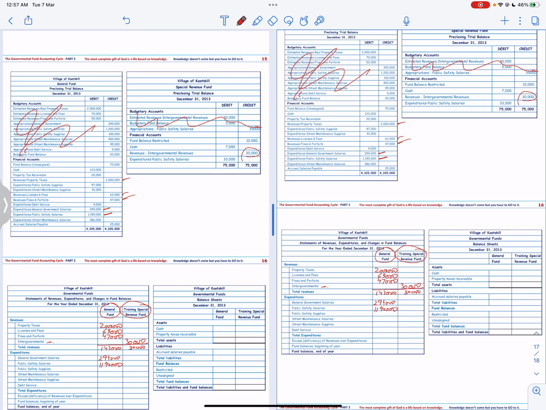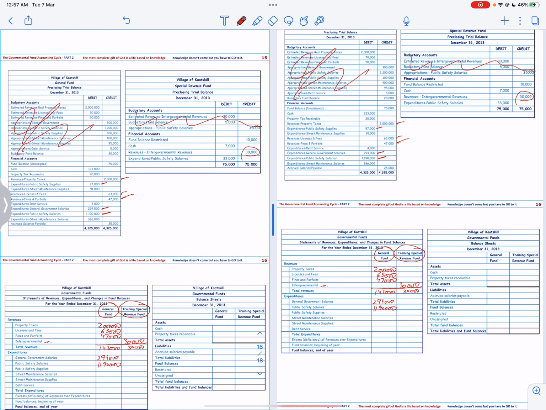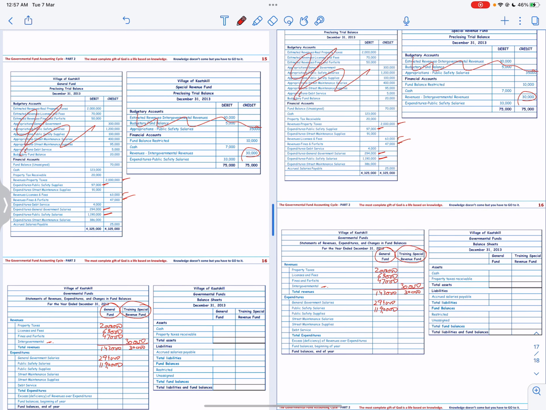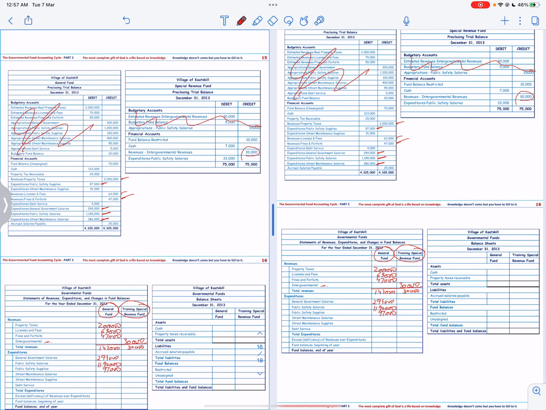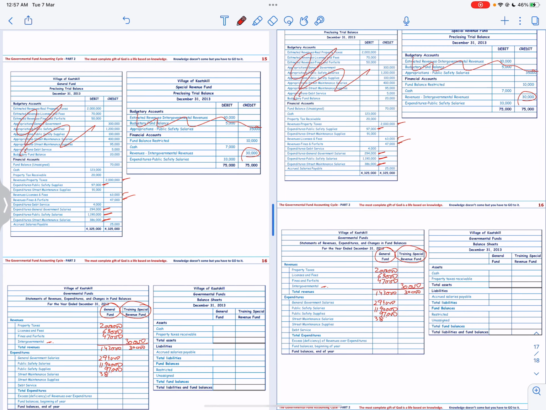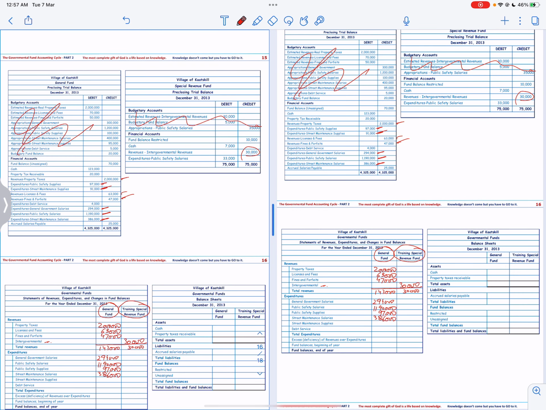Then we have public safety supplies, and that is 97,000. Then we have street maintenance, and that is 386,000. Then we have street maintenance supplies, and that is 91,000.